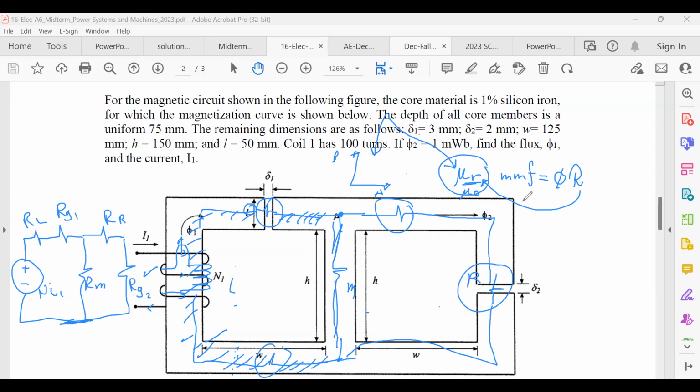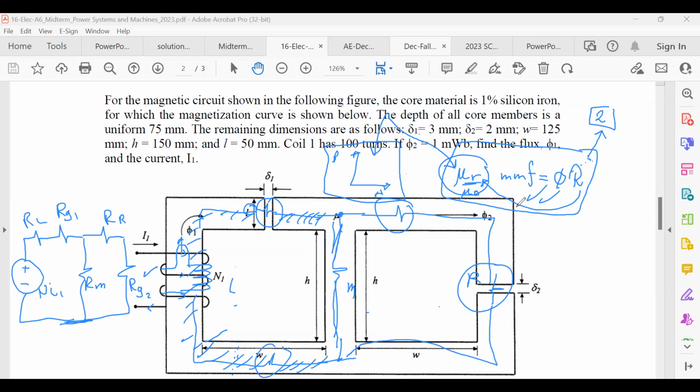We solved a couple of solved problems in the sessions. It was solved from the textbook, but this is not very common in the exam. What is common in the exam is that they provide the BH curve. How can we solve if we have the BH curve? I said this one is not common, but for a couple of past exams, they used this technique.